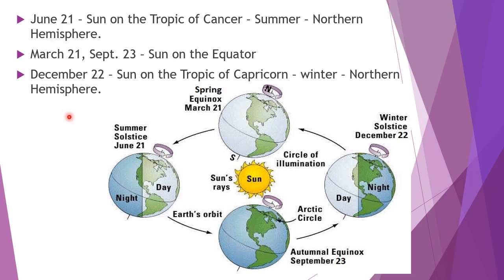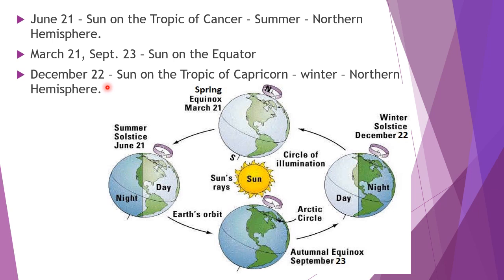In the same way, in the month of December, the sun is over the Tropic of Capricorn. That means in the northern hemisphere it is winter for us because we are far away from the sun. At the same time, the southern hemisphere gets summer. That is December 22nd, the longest night for us, and for the southern hemisphere the longest day.